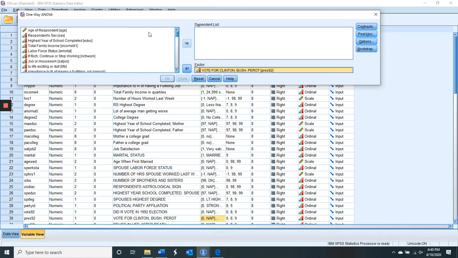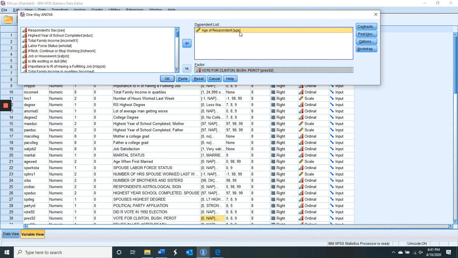So dependent is what we're relating it to. The question I'm going to ask is: is there an age difference in those groups? Clinton voters versus Bush voters versus Perot voters. The dependent variable in one-way ANOVA approximates at least interval level of measurement.